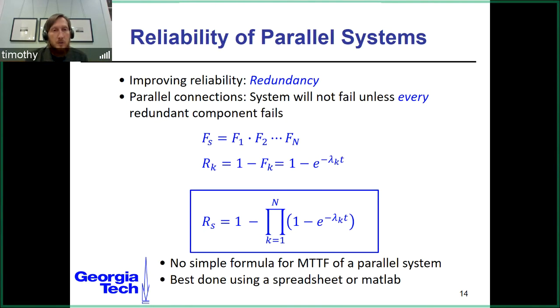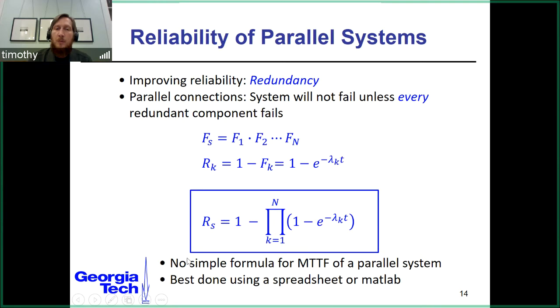The R's are going to be equal to 1 minus the F of k, which is 1 minus e to the minus lambda k t, where lambda k is the failure rate. Now if we look at the system R, that's going to be 1 minus the product of all of these 1 minus e to the minus lambda k t terms, where k goes from 1 to n.